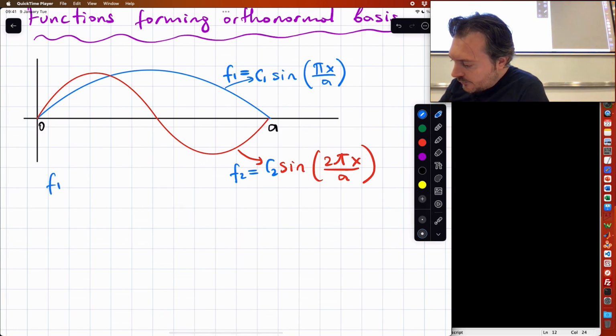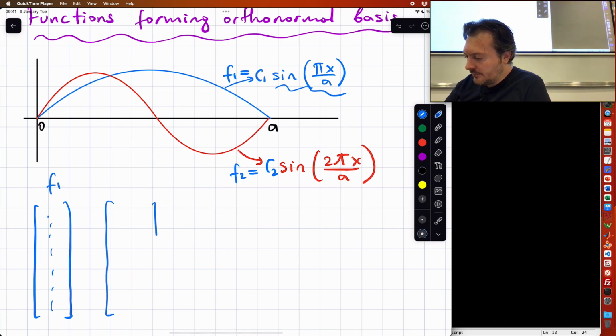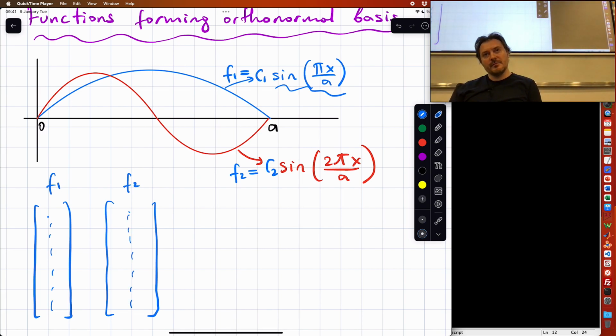So there is f1, which corresponds to sine(pi x over A), evaluated here, and f2, which has sine(2 pi x over A), evaluated here, right? Those values, just listed.